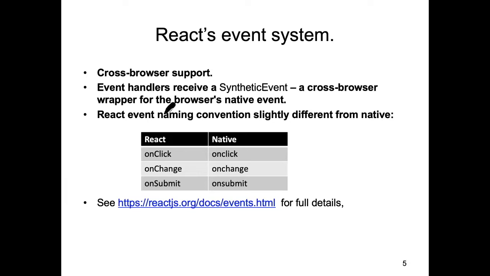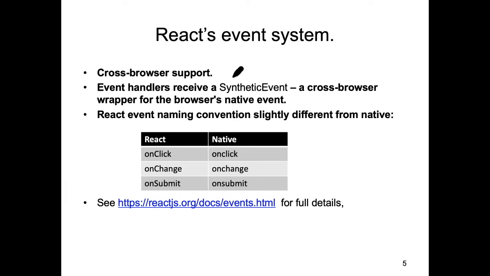So what React does is it takes the native event object that's created by the browser and wraps it in a generic event object, and it makes that generic event object available to our React code. The technical name that it calls that event object is a synthetic event object.